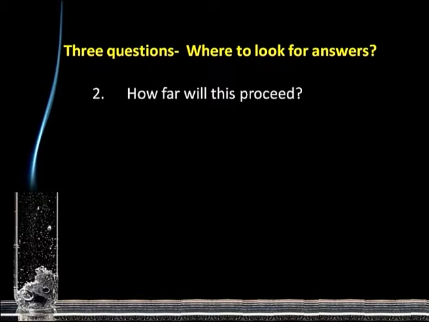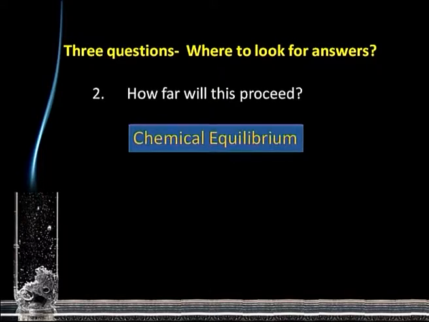The second question that comes to our mind is how far this reaction will proceed. We are interested in knowing what's going to be our yield, and we try to get the answer from chemical equilibrium.